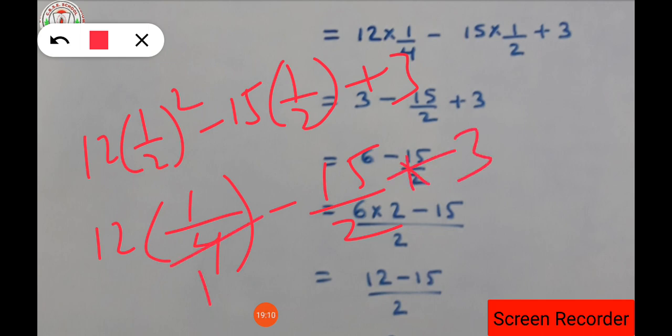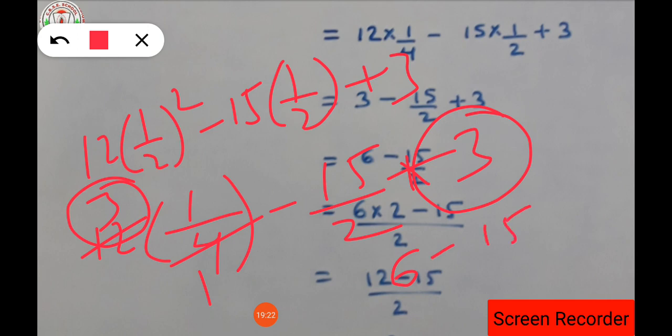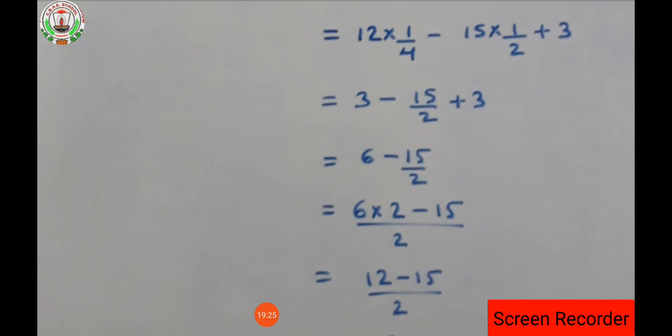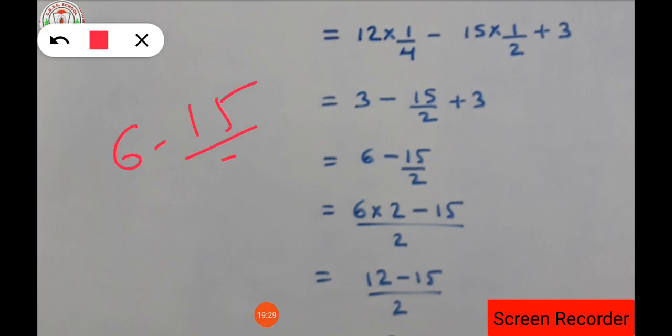So here 12 times 1 by 4, the 4 and 12 get cancelled, so it becomes 3. This 3 and this 3 are positive, so it will become 6, isn't it? Minus 15 by 2. So whole together, what result do we get? We get 6 minus 15 by 2. Now since nothing is written as the denominator of 6, we can take its denominator as 1.